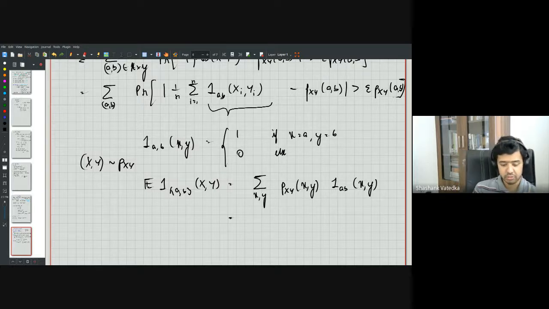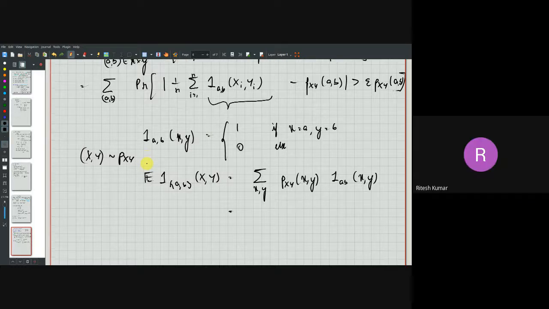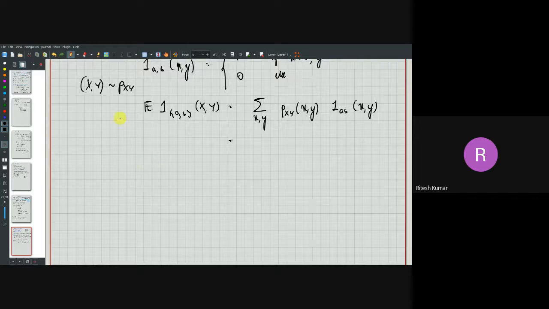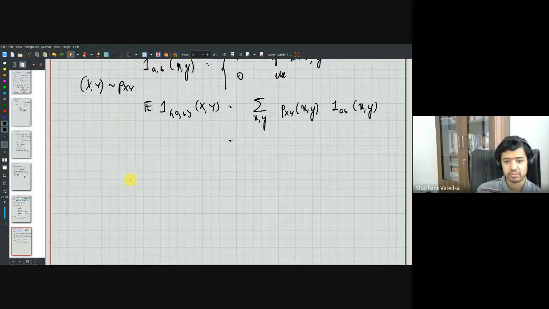Okay, so give me a joint distribution, the summation of P_XY(a, b). Let's say that X takes values 0, 1, and Y takes values 1, 2, 3.